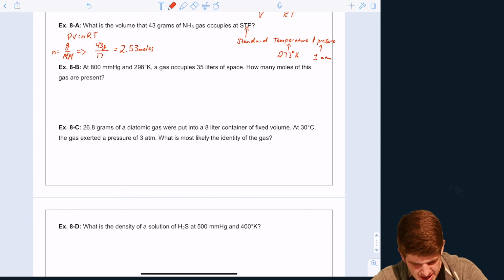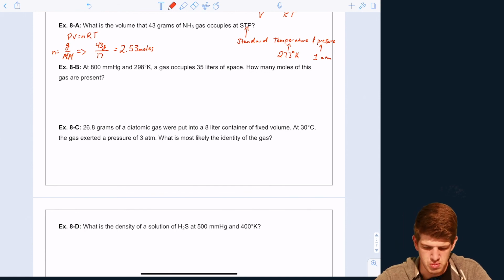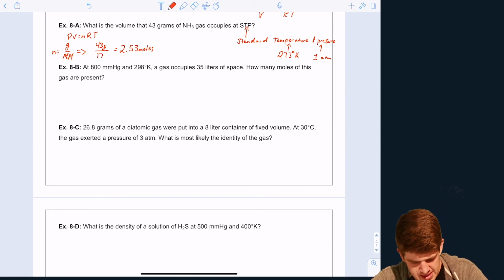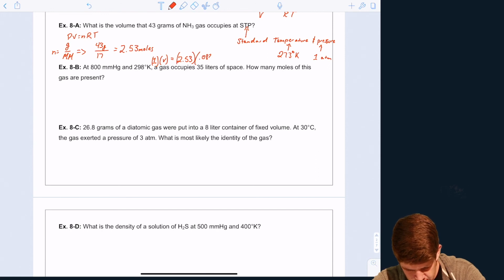Sure. So now we know the moles, we know the temperature, the gas constant is constant, and the pressure we know, so we can find the volume pretty easily. So 1 times the unknown volume is equal to 2.53 times 0.0821, because this is in atmospheres, times 273.